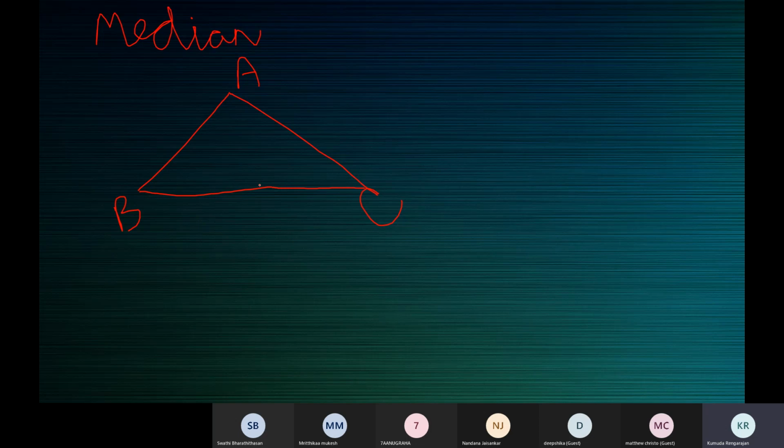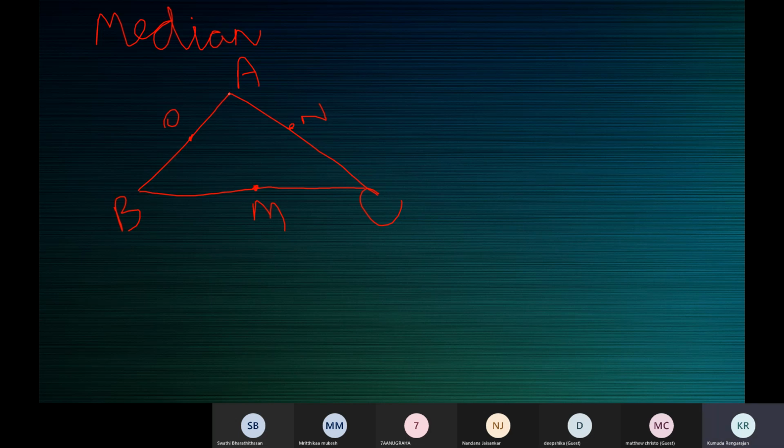So supposing you mark this point, you call this as M. If M is the midpoint of BC, every side has a midpoint, no? AC, supposing the midpoint is N. And here, if the midpoint is O, you can mark the midpoints for all the 3 sides. M, N, and O say are the midpoints of BC, AC, and AB respectively.